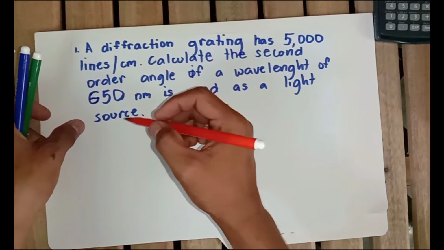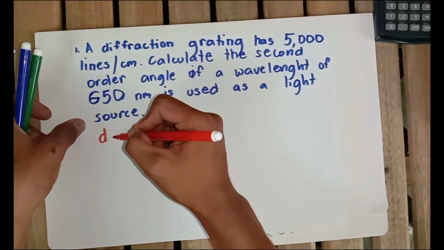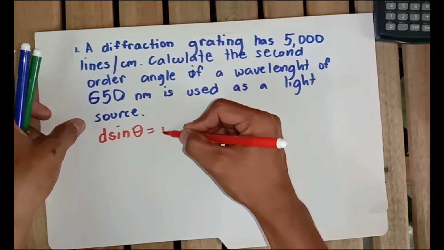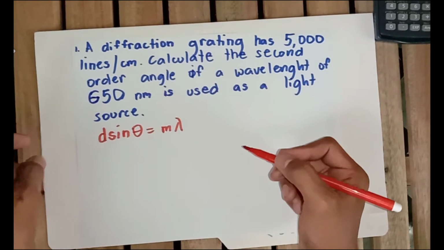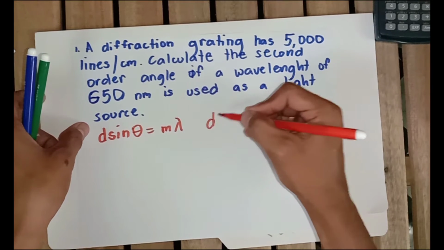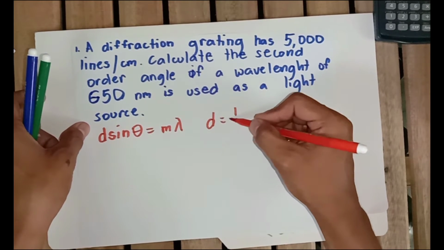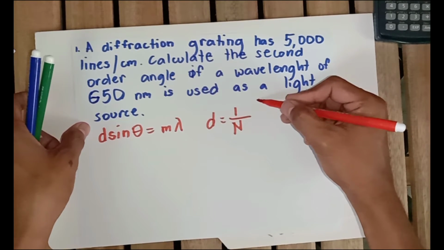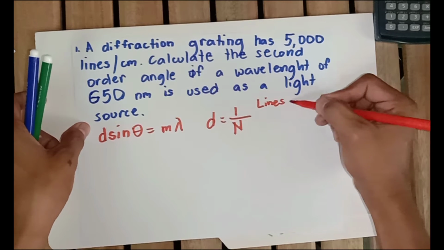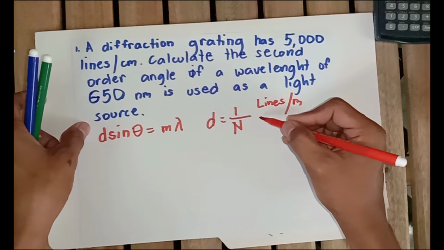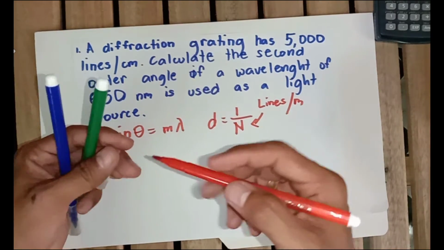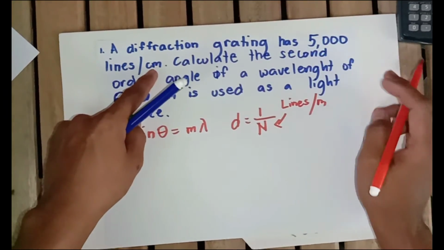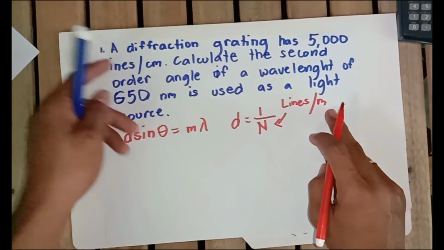Okay, we have the formula d sine theta is equal to m lambda, and d is equal to 1 over N, the lines per meter. But first, we have to convert 5,000 lines per centimeter to lines per meter.